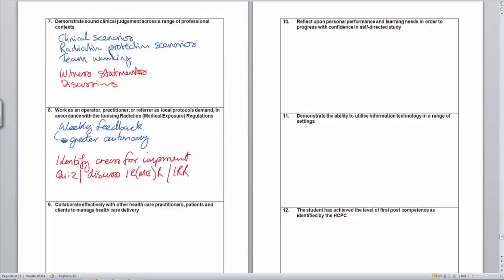Again, the communication aspects can be linked back to some of the things around clinical judgment. I suppose really I should be quite specific there, and it's about the teamwork aspects as well. The students, you could ask them about any MDT meetings they've been to. They should have at least been to one, and ask them what they got out of it.